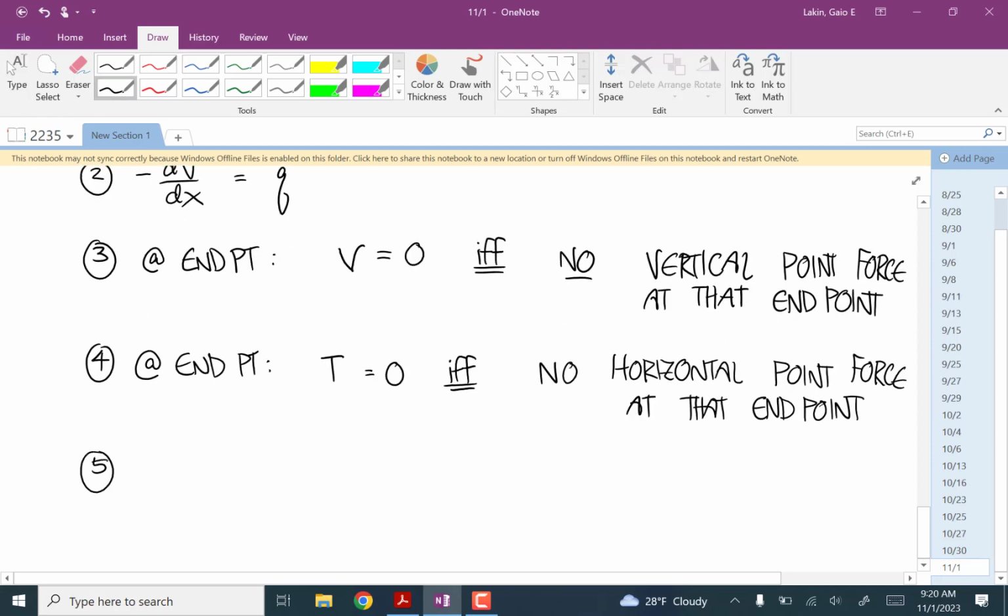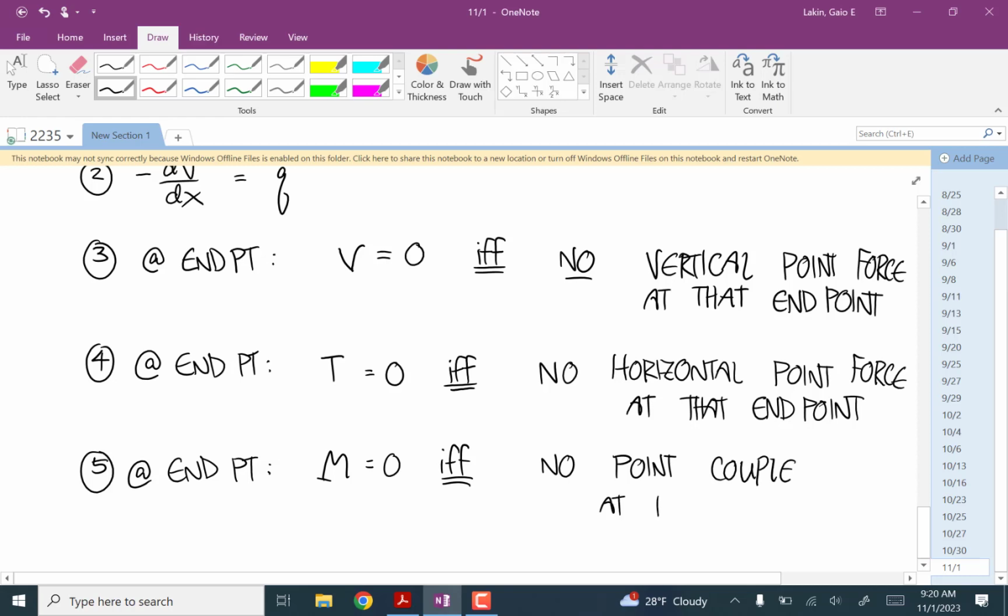And then the last one, at the endpoint, M is equal to 0 if and only if, what do you think that's going to be? No point couple at that endpoint.